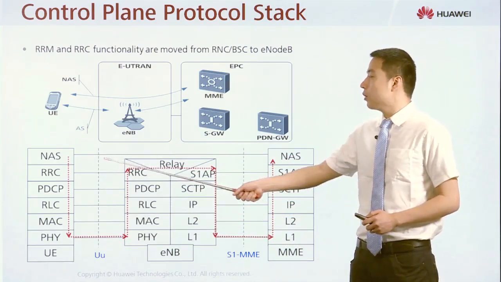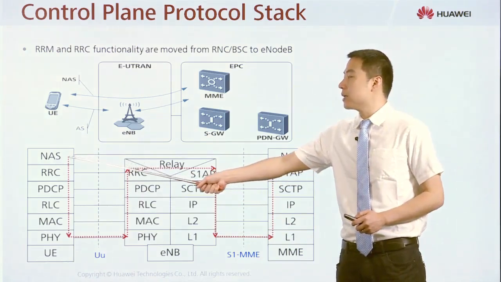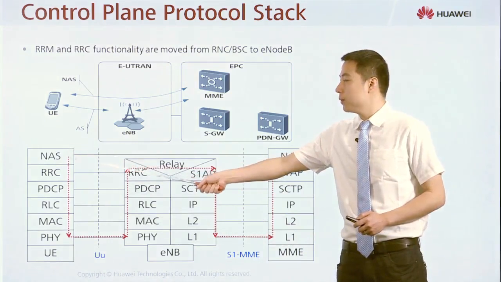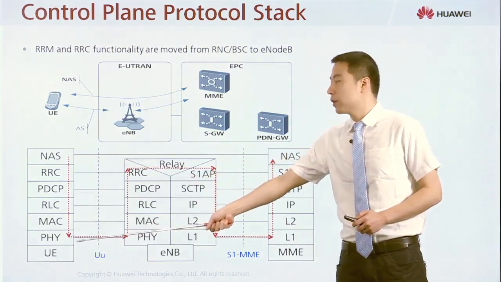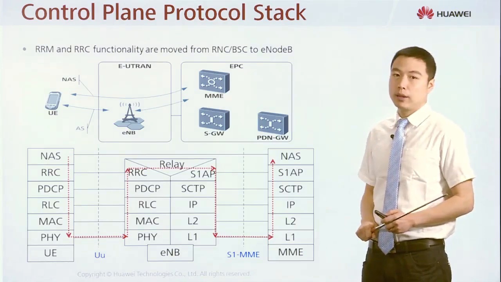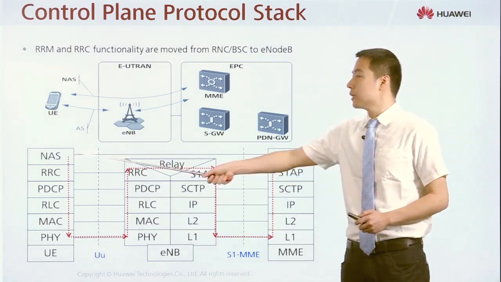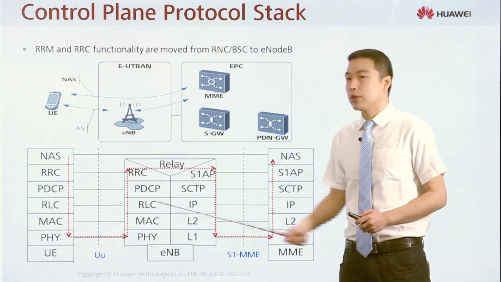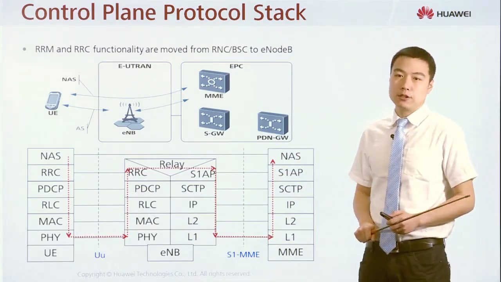The NAS signaling is generated in the NAS layer of the UE. Starting from here, from top to down, it goes through all the protocol layers, one layer after another, until the NAS signaling reaches the physical layer of the UE and is transmitted by the physical layer of the UE.